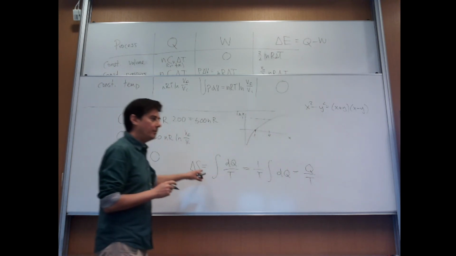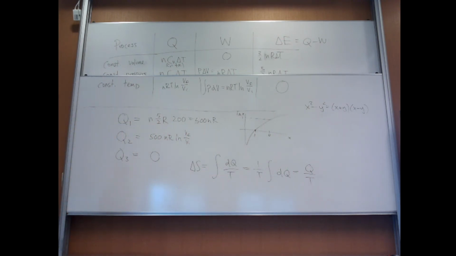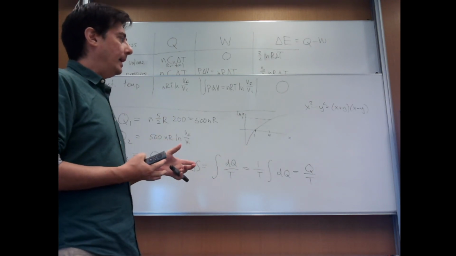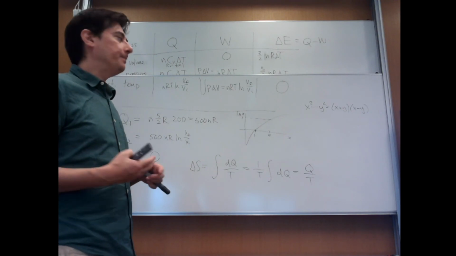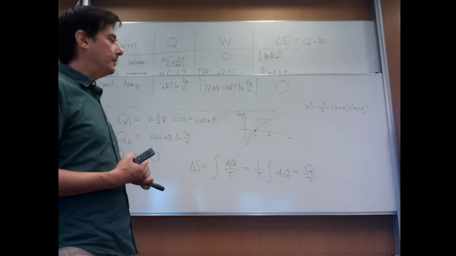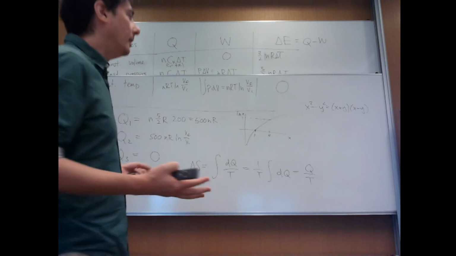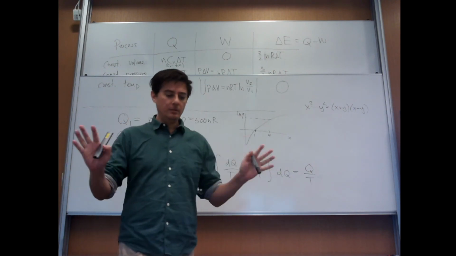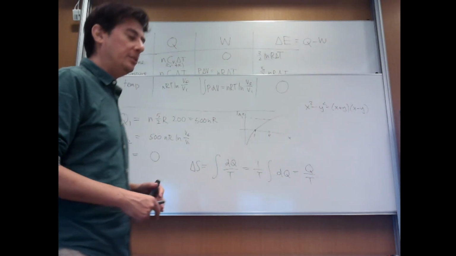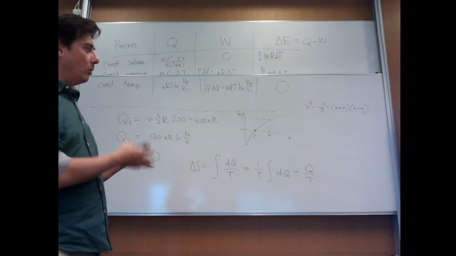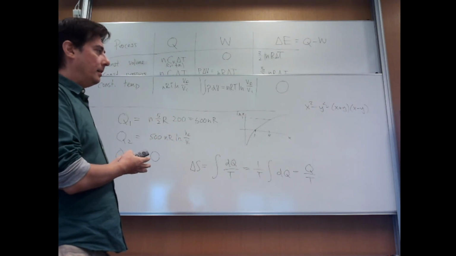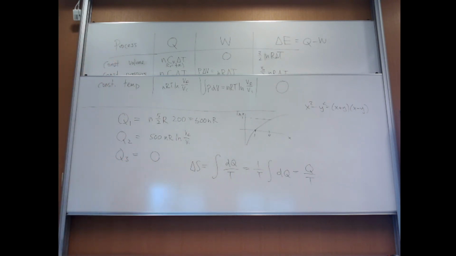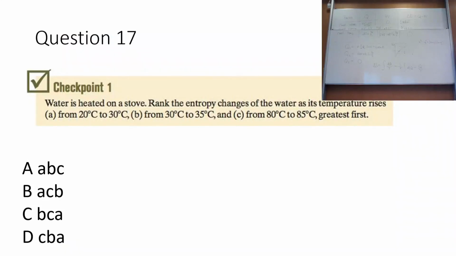So for an isothermal process, this integral is easy to calculate. It's just the total heat that's gone in or out, and then you just divide by the temperature, right? So that's just evaluating it. It doesn't tell you anything about what it is. It's just an experimental observation that this quantity is actually path-independent. Okay. All right.